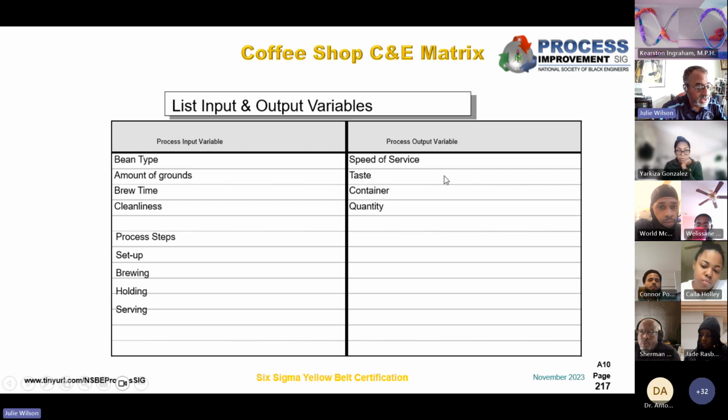So when we look at these output values, what are some of the inputs that impact our ability to deliver on these outputs? And we can have things like the type of coffee beans, the quantity of coffee grounds, the brew time, the cleanliness. There are various process steps.